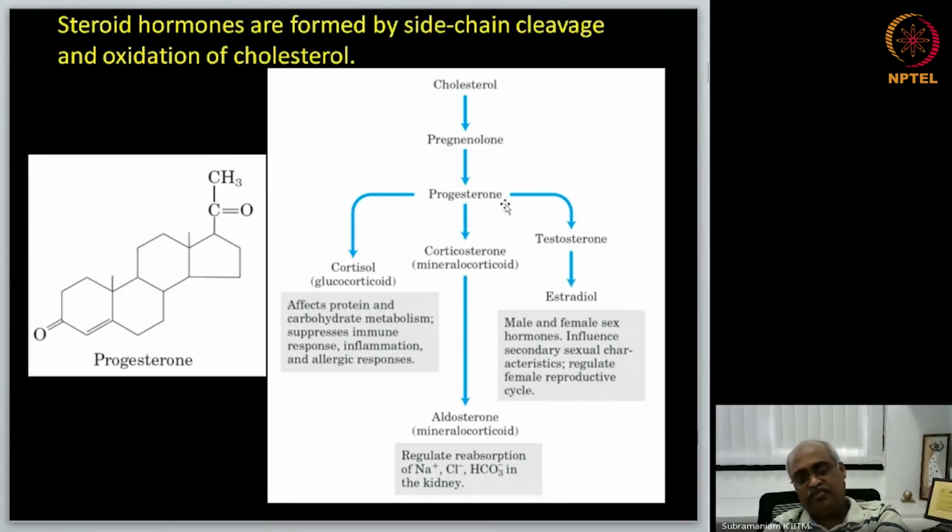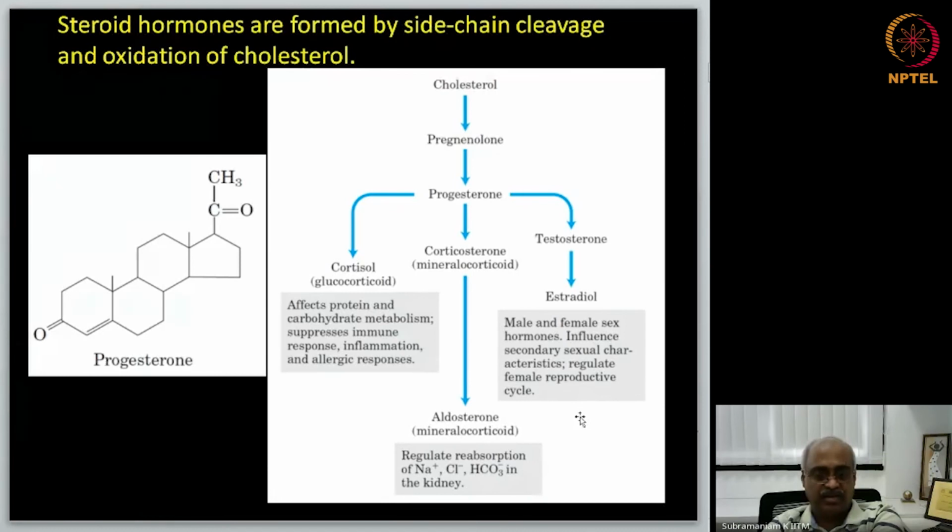And the second set of hormones, this is the adrenal hormone, I'm calling these two together as one. And the second one are the hormones produced by the gonads. The first intermediate is testosterone, and that is converted into estradiol in the ovary. Testosterone in males and estradiol in females act as the sexual hormones, and these influence the secondary sexual characteristics.